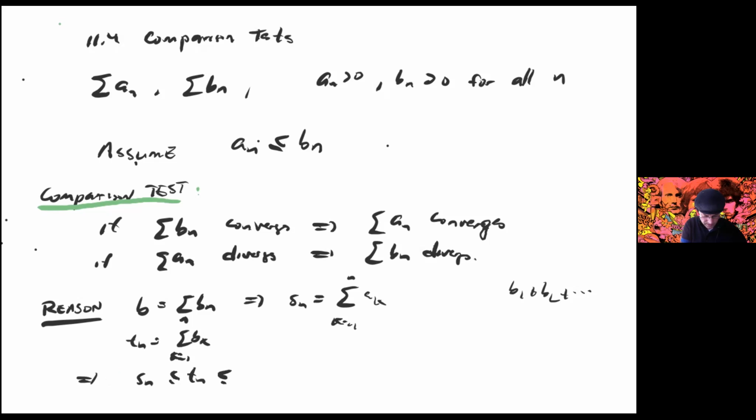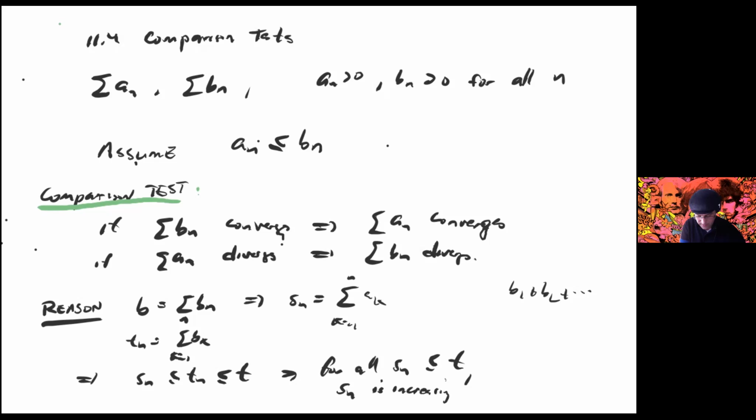And T sub n is always less than or equal to T because you're adding more and more positive numbers. So S sub n is less than or equal to T for all n. And since you're adding positive terms at each point, S sub n is monotone. In fact, it's increasing.